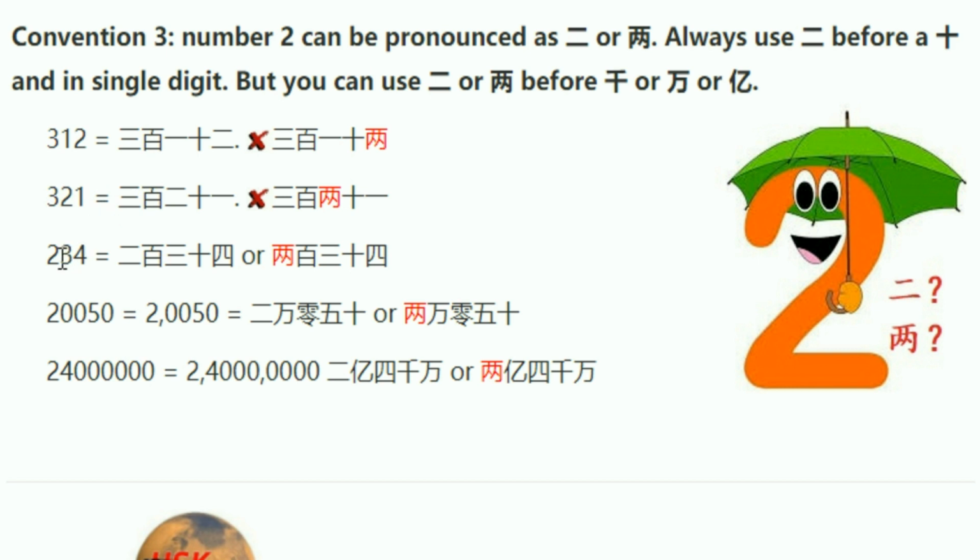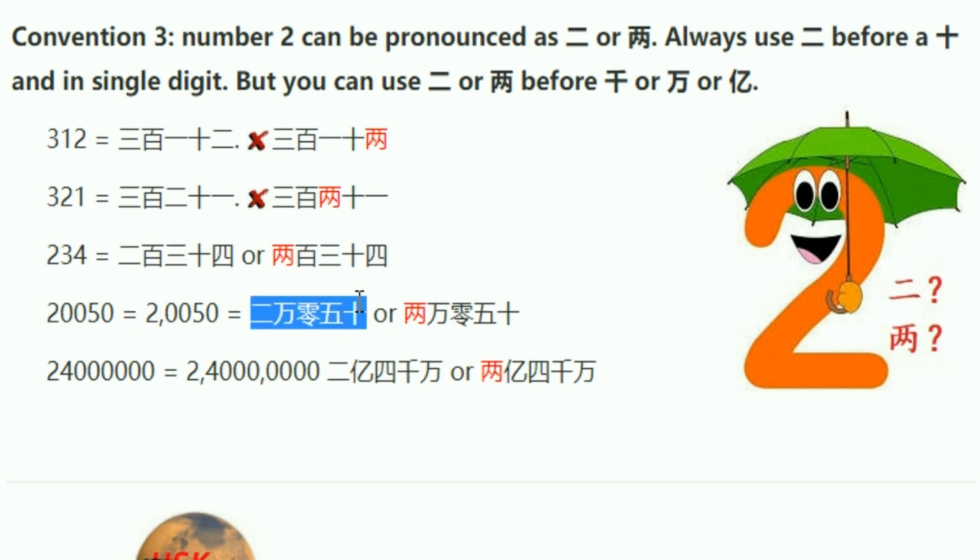But if this one is not in the 十 digit or single digit, we would say 二百三十四. Or people would say 两百三十四. And this one in 千, this is 二千零五十 or 两千零五十.